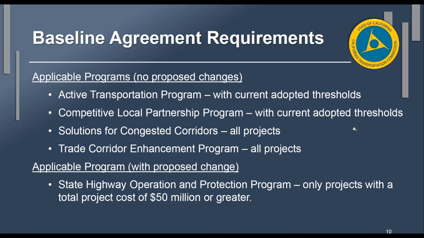What we are proposing to change is for the SHOP program, which had some additional language about construction or right-of-way and the dollar amounts for those two phases. We removed that language, and we're only going to say that the baseline agreements are required for projects with a total project cost of $50 million or greater. That is consistent with what is in the SHOP guidelines that was adopted back in May of 2022.